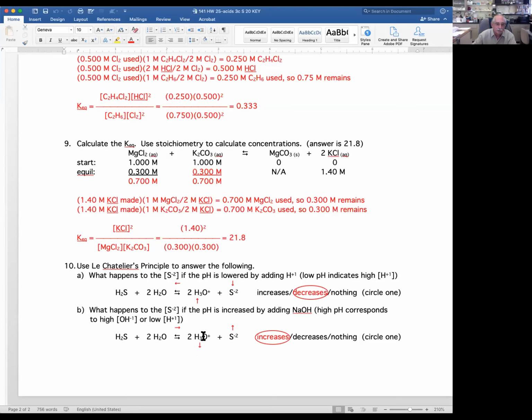So what we did is we took away hydronium ion, so it tries to replace it. A little bit different explanation is that I'm taking away this, and every time I take away this, I need these 2 guys to come over here to replace it. So once I find that direction right there, everything over here is going to decrease, and everything over here is going to increase.